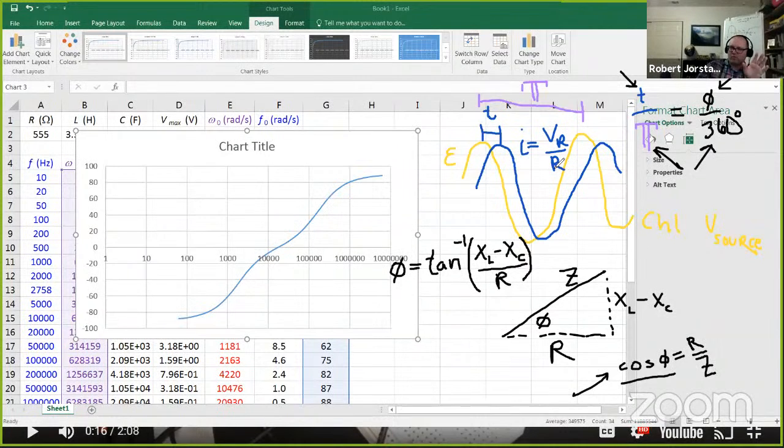Now, wait. Don't I mean I max? Yes. All right. And don't I mean VR max, or you could call it peak? I thought I told you earlier that I max was equal to V max over Z. Which one is it?